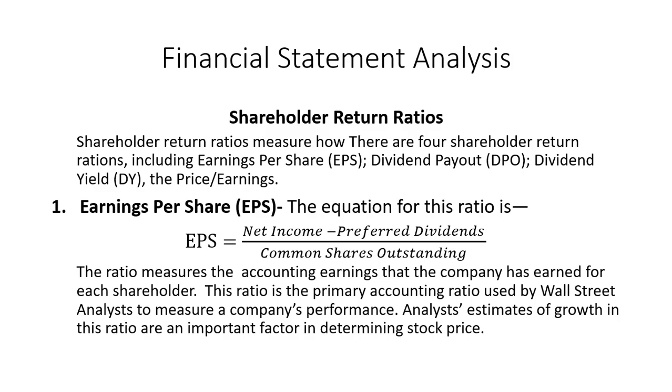The first shareholder return ratio is an accounting ratio, and it's basically net income over shares outstanding, earnings per share. Now you'll see that I take out preferred dividends. I'm not going to do that in this case if there are any preferred shares at all, because common shares are the shares that are voting. They're supposedly the real owners of the firm, so they can vote.